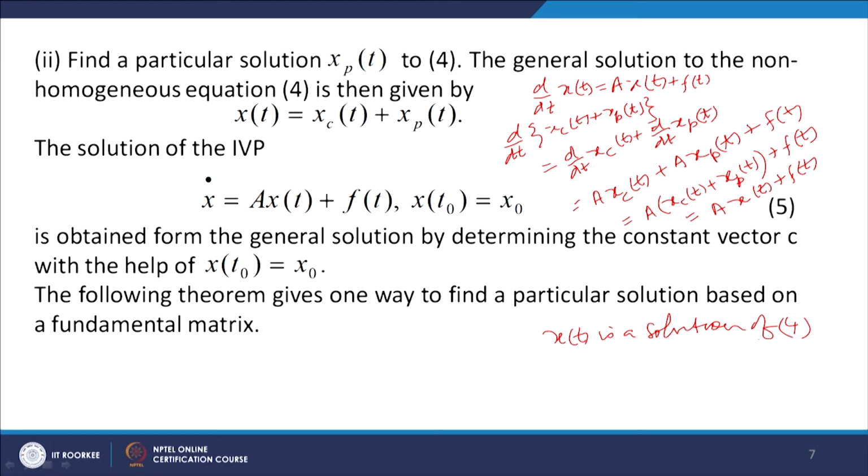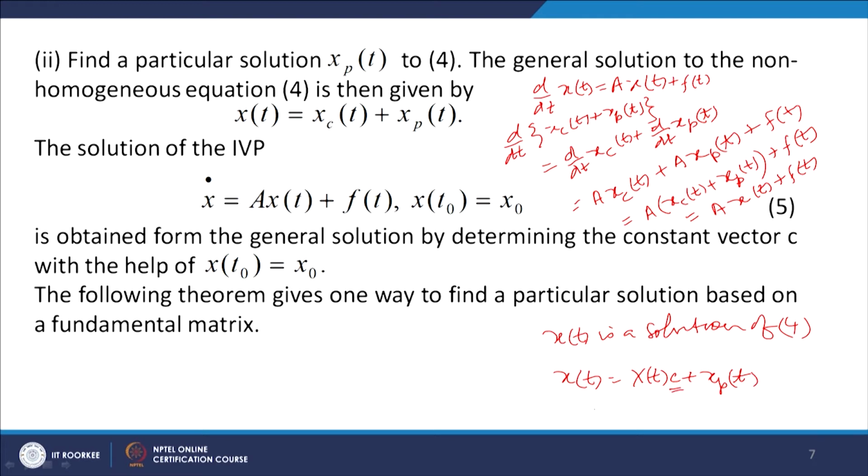Now, when we want to find the particular solution of the initial value problem, let us consider x dot equals Ax(t) plus f(t), where at t0 we assume that x(t) has the value x0. Then the solution for this initial value problem is obtained by calculating the constant vector C that occurs in xc(t). We have x(t) equals X(t) C plus xp(t).